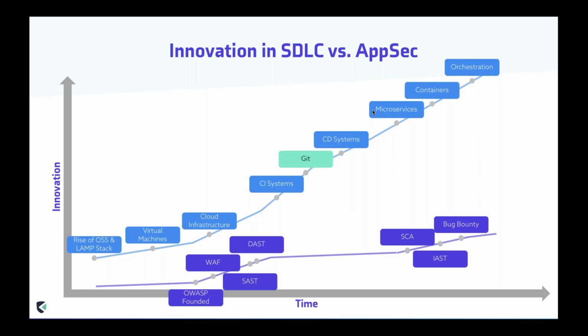And if you compare the 2 different lines, there's so many different innovations that have come in the SDLC after that. So what started as a small innovation gap, 15, 20 years ago, has become really a chasm. And we think that that is one of the core roots of the disconnect.